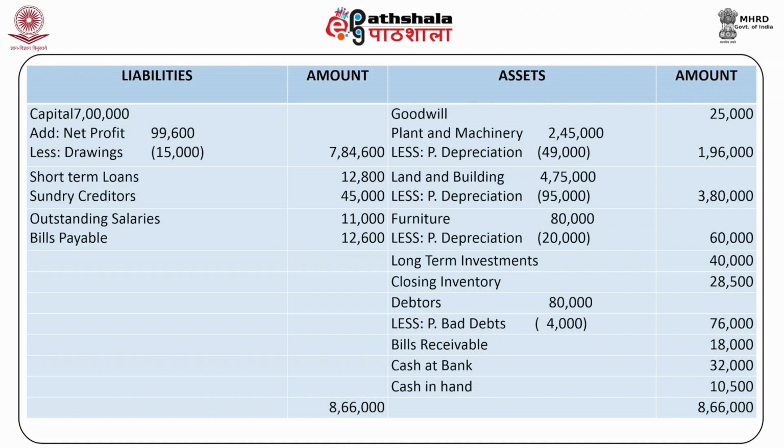Long-term investments 40,000. Closing inventory 28,500. Debtors 80,000. Less provision for bad debts 4,000. So the net figure is 76,000. Bills receivable 18,000. Cash at bank 32,000. Cash in hand 10,500. Total of this comes to 8,66,000.